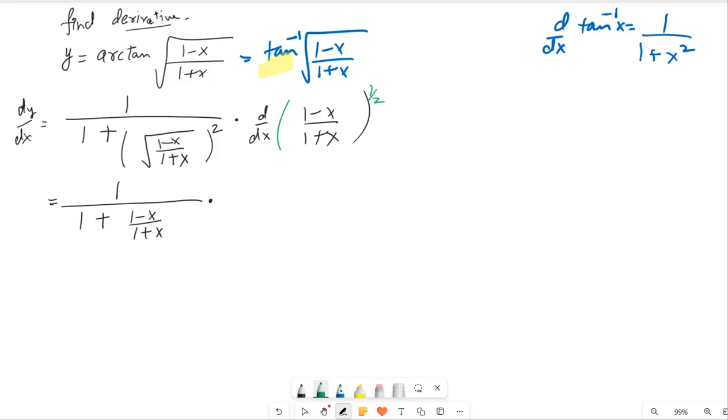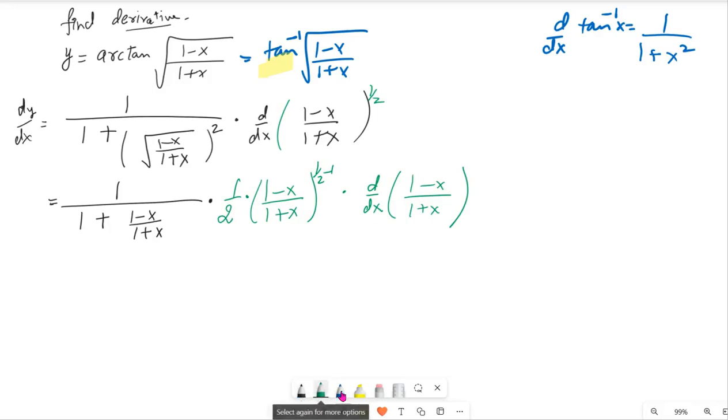The square root can be written as power half. So what is the power rule? Half comes in front times 1 minus x by 1 plus x to the power half minus 1, times the derivative of 1 minus x by 1 plus x. So we are applying repeated chain rule.